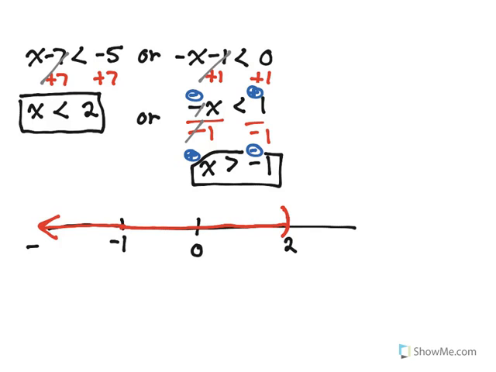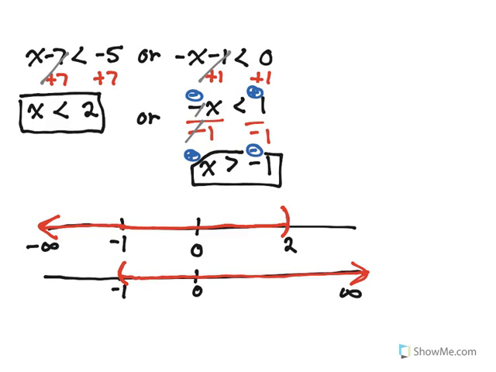So let's do that. Negative infinity. Anything less than 2 is going in that direction. So now we'll do the same graph. 0 and negative 1. Okay. And anything greater than negative 1 is a parenthesis. And we're shading everything towards the right, to positive infinity.